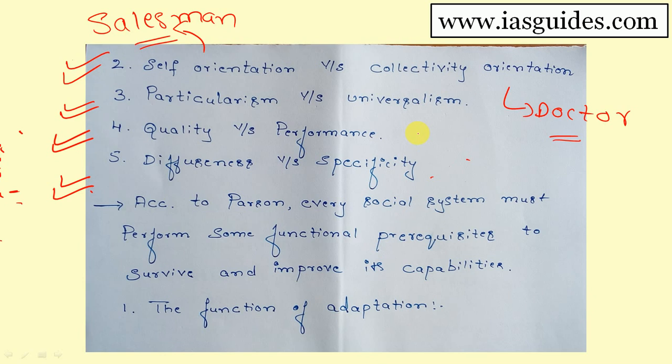Getting? Examples for diffuseness and specificity. For specificity, we can give the example of employer and employee. The scope is limited, no? There are limitations for the interaction between employer and employee.